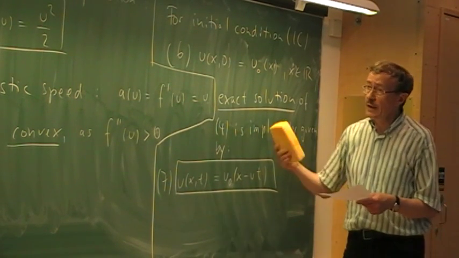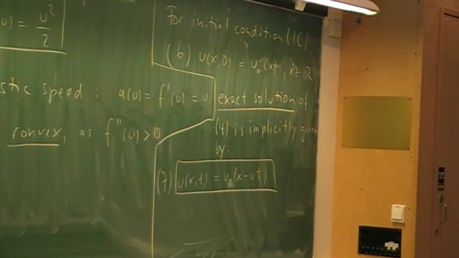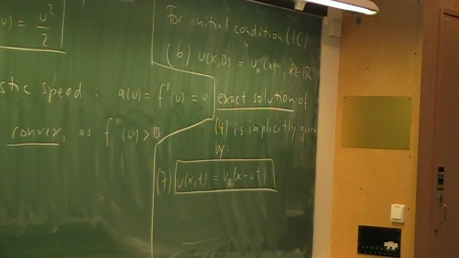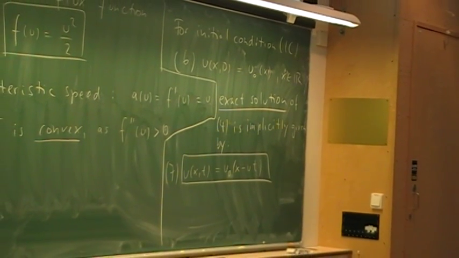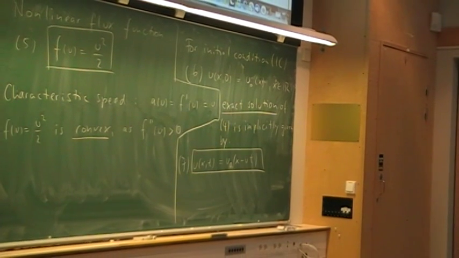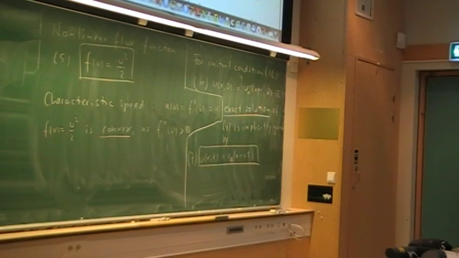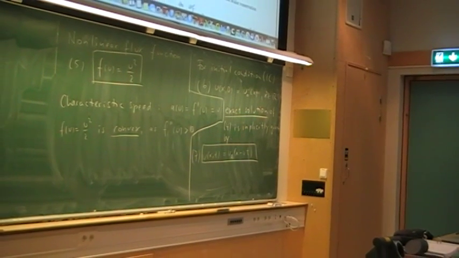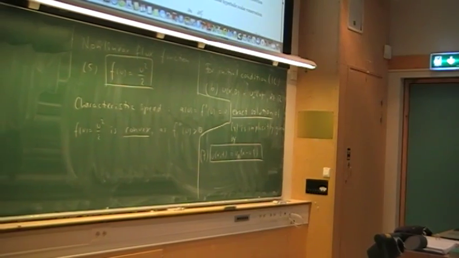But let us try to understand now what are the characteristics for this equation. We have seen the characteristics for the linear advection equation. What are the characteristics for the inviscid Burgers equation? So the characteristics are the following.